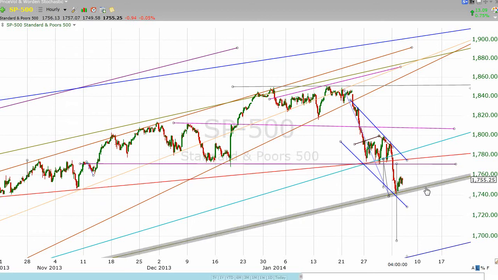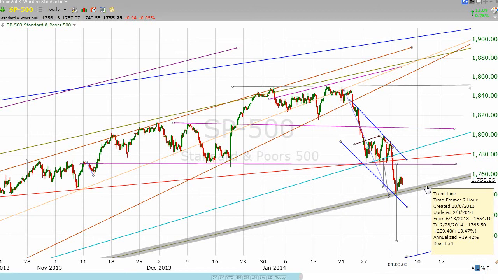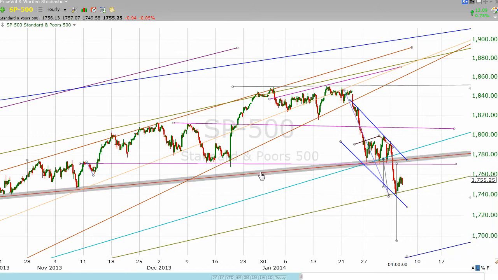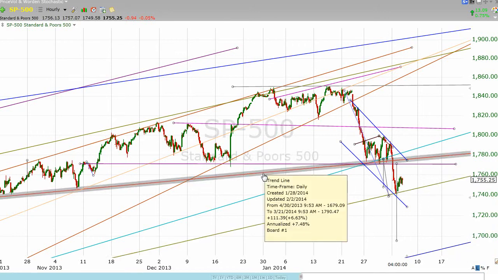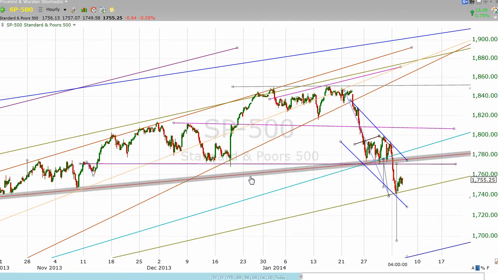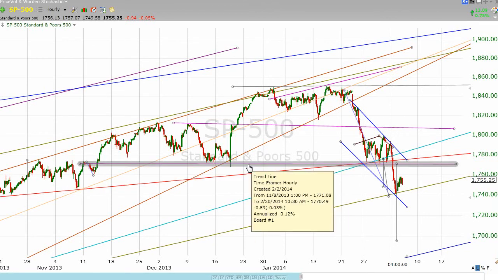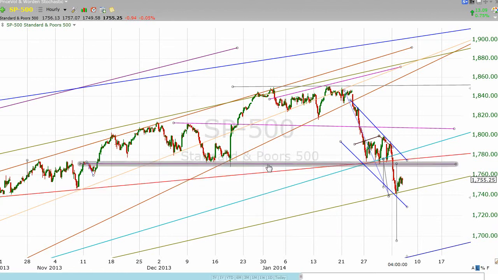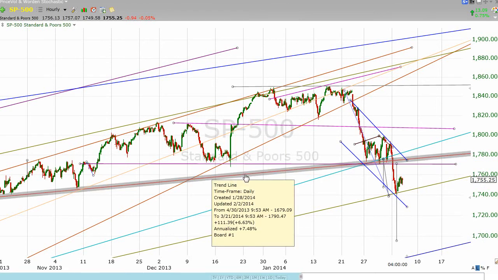Can this longer term line of support overcome the breaking of this resistance line and this support line and this support line? With that in mind, we now would expect both of these to put up a fight, that it should be quite difficult for the S&P to get over both this level at about 1771, 1772, as well as this rising trend line.